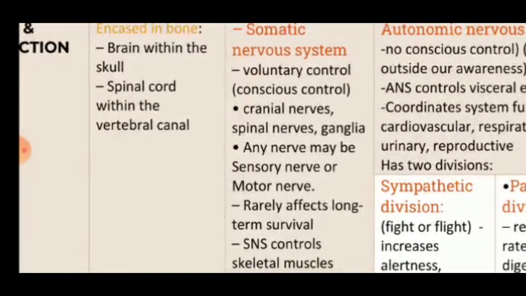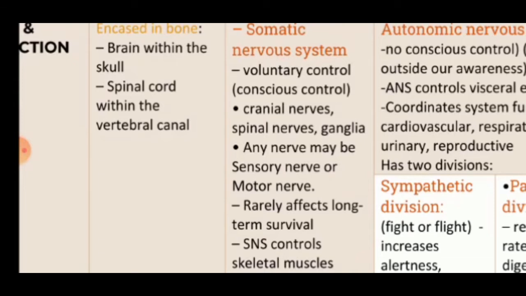Somatic nervous system, as we said, is responsible for voluntary control. It's made up of cranial and spinal nerves in addition to their ganglia. Inside the somatic nervous system, any nerve may be a sensory or a motor. So it consists of both types.